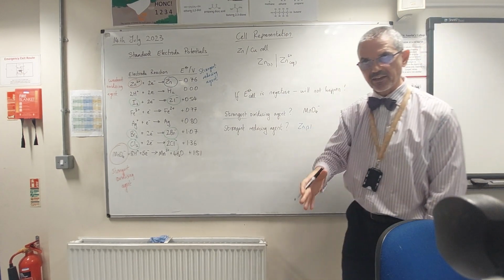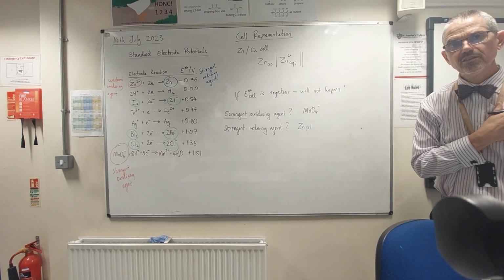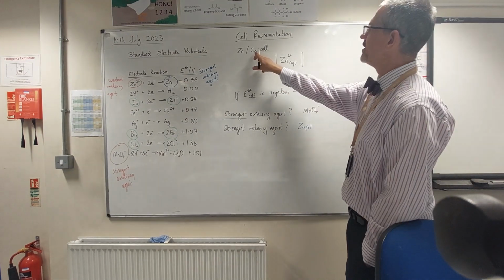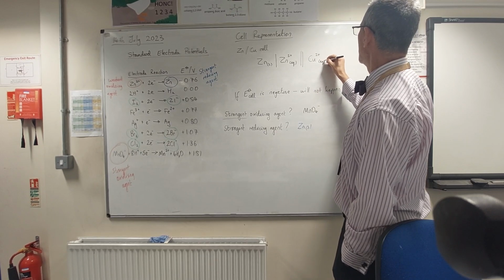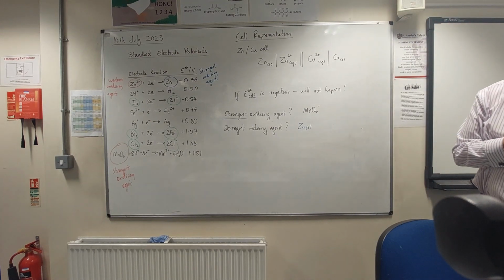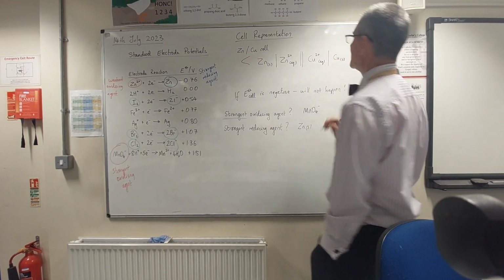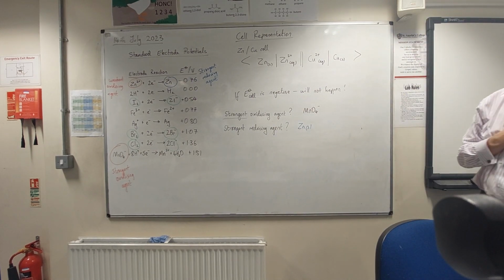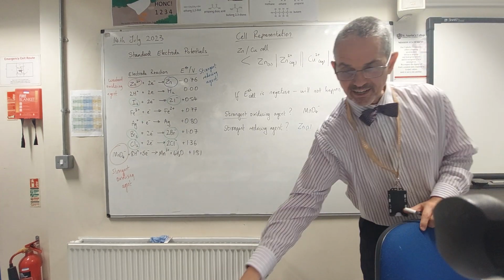Then we have the middle of that cell diagram. So we usually draw a double line. And then the other side of the cell, the copper 2 plus ions are reacting and forming copper solid. In the old days, we would put a sort of less than greater than sign around that like a pair of bookends, but those seem to have gone out of habit.